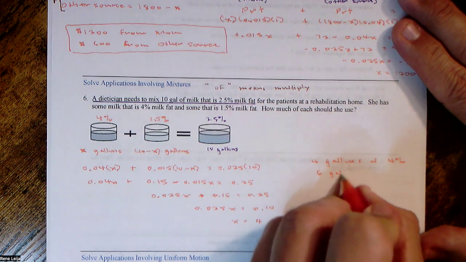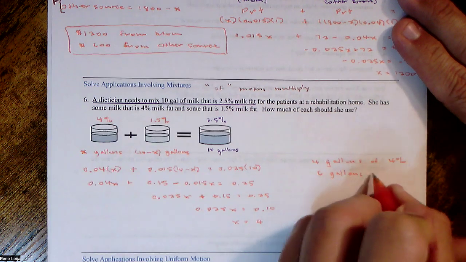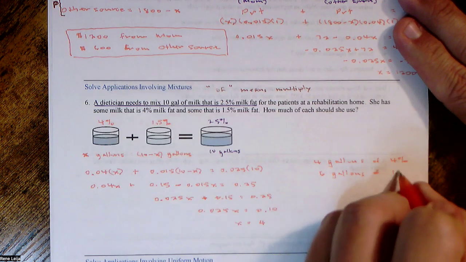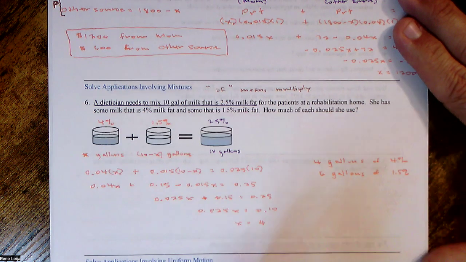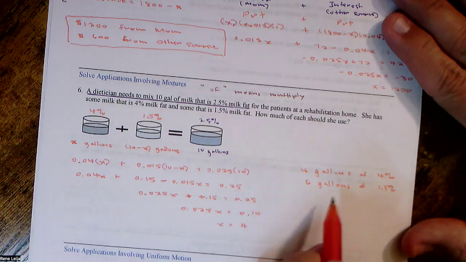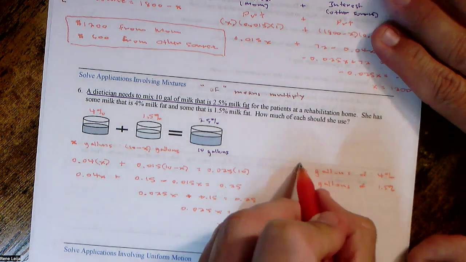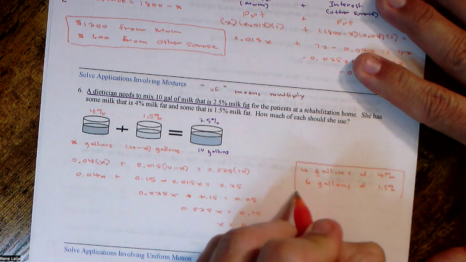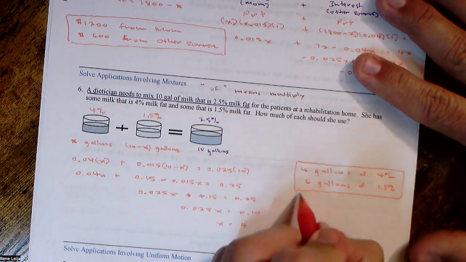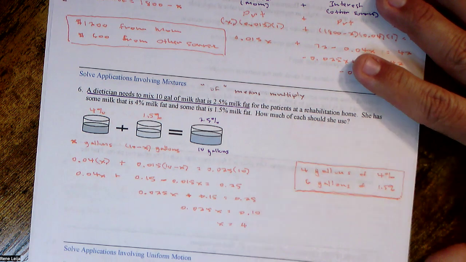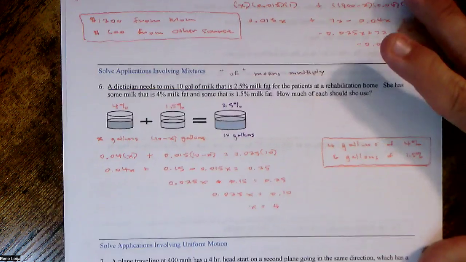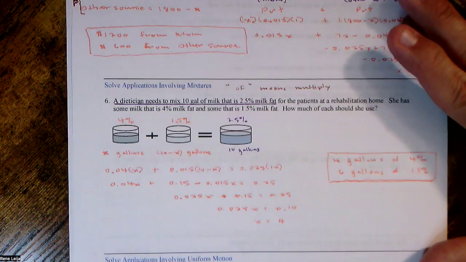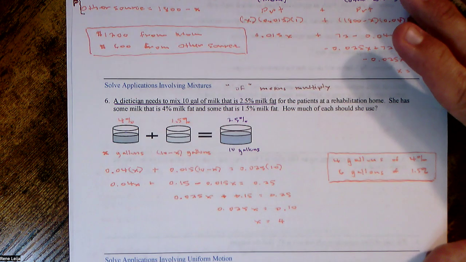So that means I need the 6 gallons of the 1.5% milk fat. Okay, and then 4 plus 6 is 10. So we know that we're right. So again, it looks more complicated than what it is. It certainly helps to have an explanation, okay? But that's how you handle a mixture problem.